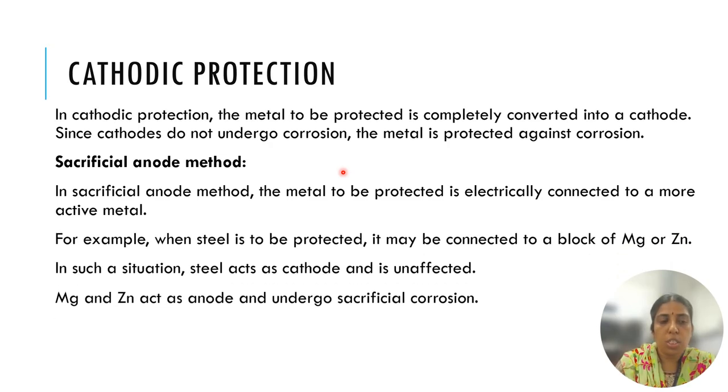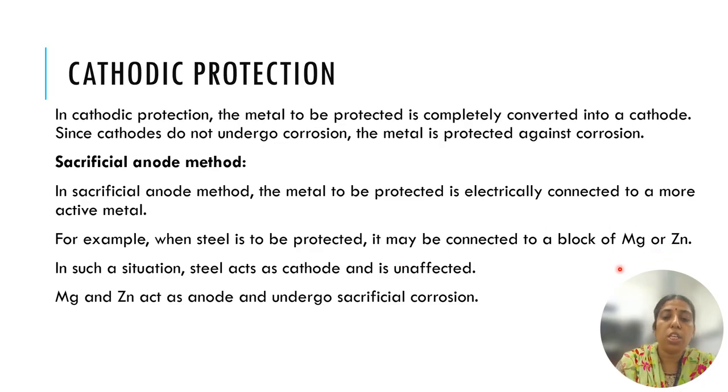Let us see the example of the sacrificial anode method. Here the concept is that the metal, pipe, tube, or reactor which has to be protected is electrically connected to a more active metal. When steel is to be protected, it is connected to a block of magnesium, zinc, etc. The steel will behave as a cathode because it is less active, and magnesium is more active.